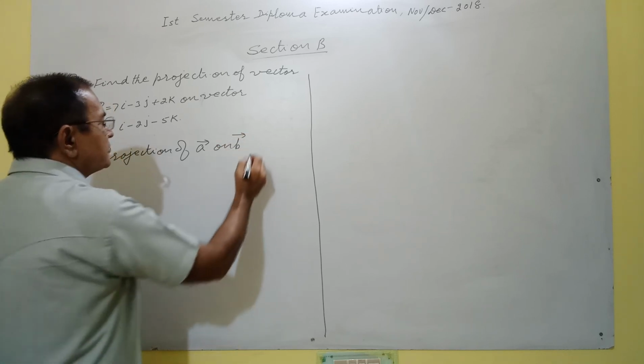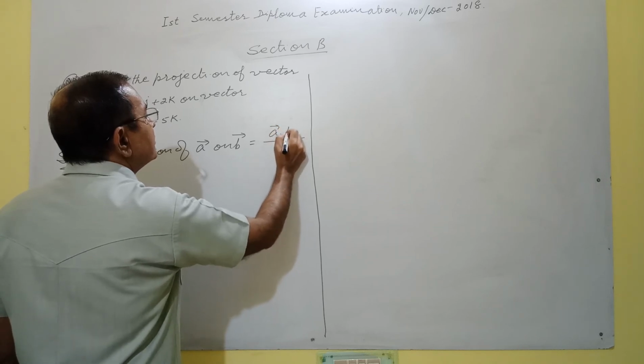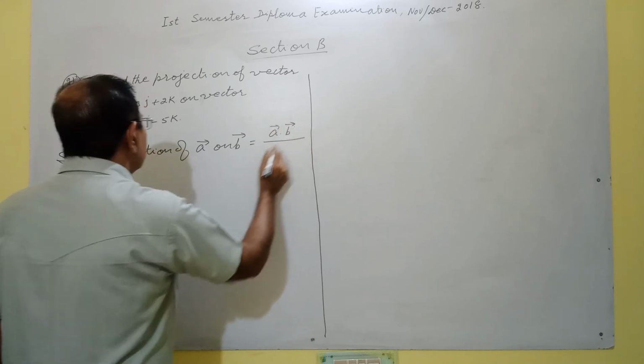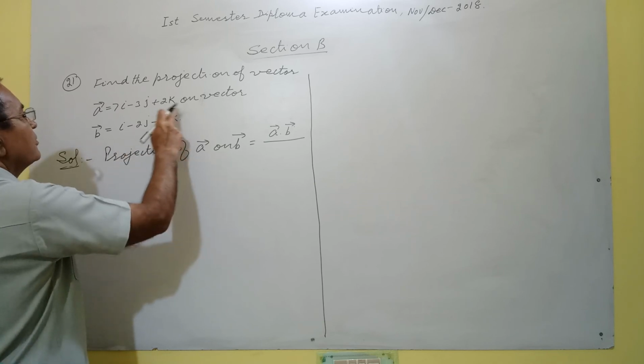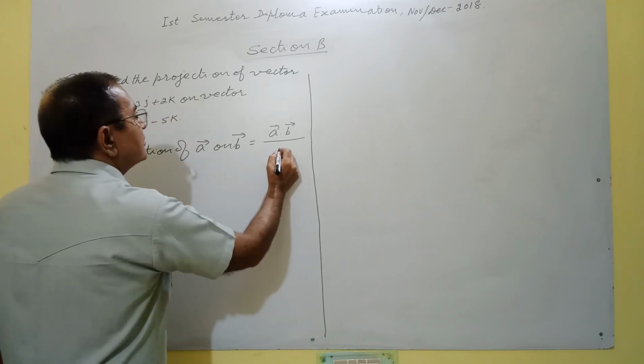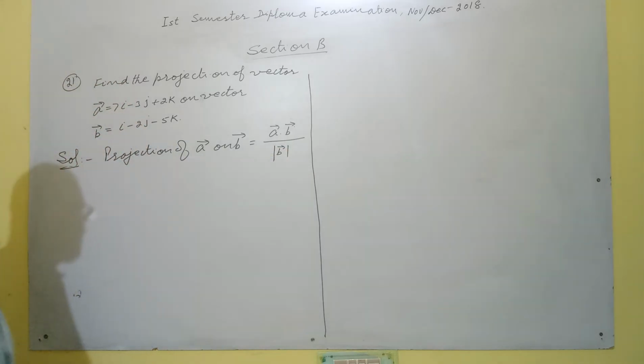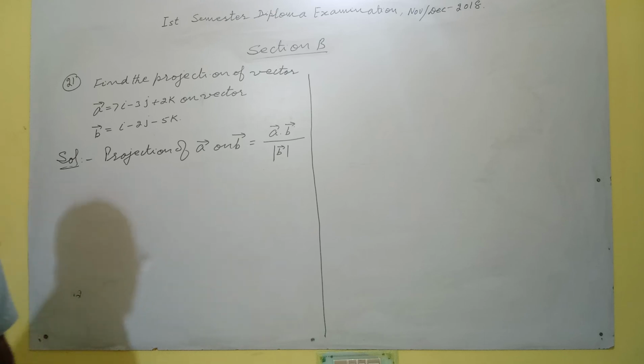It is given by A dot B into the unit vector on B. We want the projection of A on B, so divide the scalar product by B magnitude.